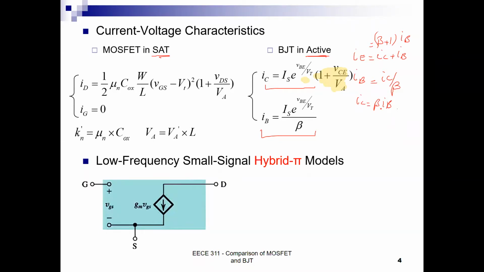What we see here on the left is the pi model for the MOSFET: this is the gate, this is the drain, and this is the source. Whatever VGS is in the small signal circuit, there will be a current flowing from the drain to the source with a value equal to GM VGS. This is the pi model for the MOSFET, and we use it for small signal analysis.